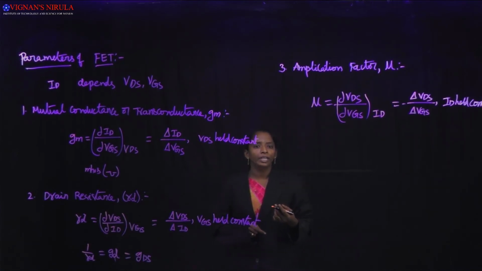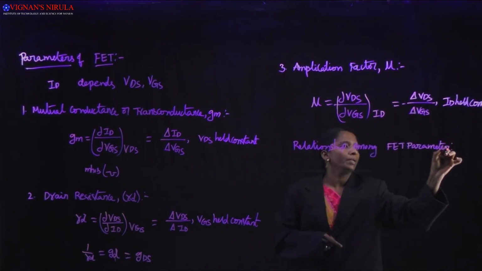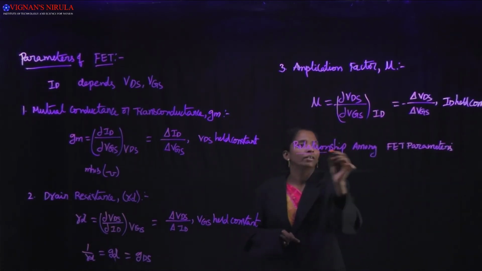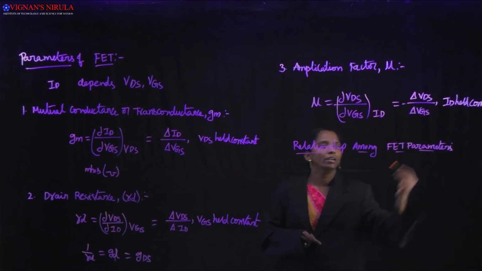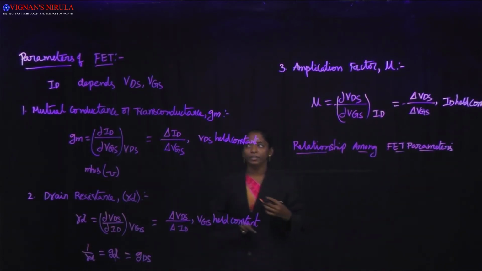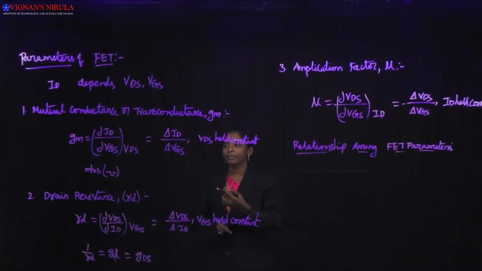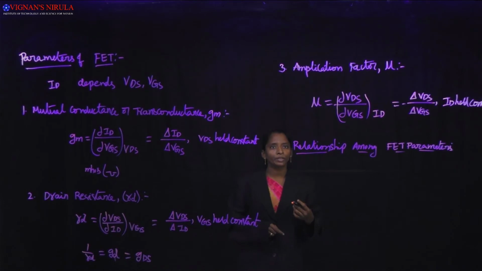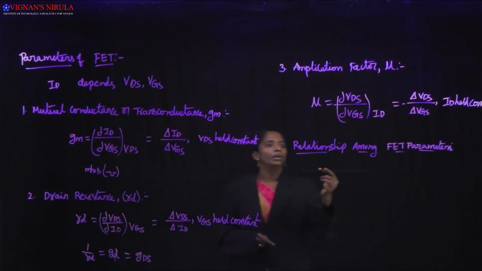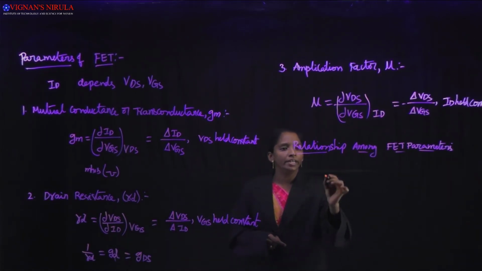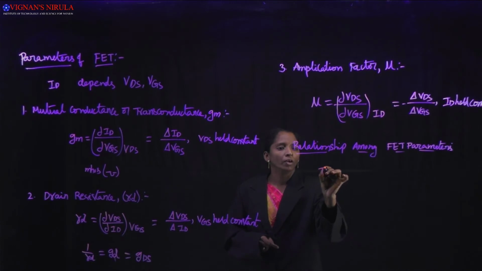Now we derive the relation among these three factors. What are the FET parameters? The FET parameters are transconductance or mutual conductance, the drain resistance, and the amplification factor. Now we are going to derive the expression for these three factors. Here ID is the output current.